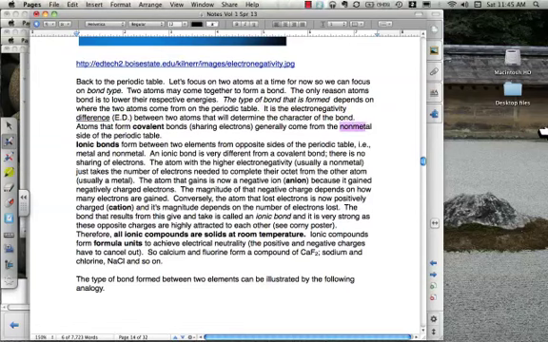So if you are nonmetals and you are bonding with other nonmetals, you are going to form a covalent bond. All right? Nonmetal, nonmetal. Ionic bonds, however, form between two elements from opposite sides, so it is going to be metal and nonmetal.